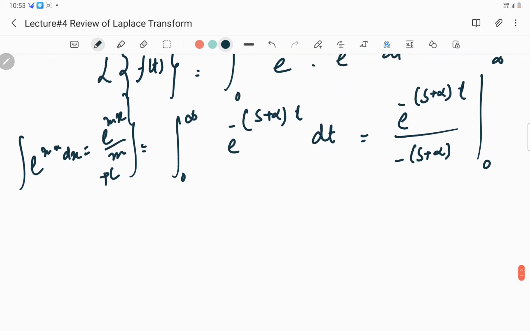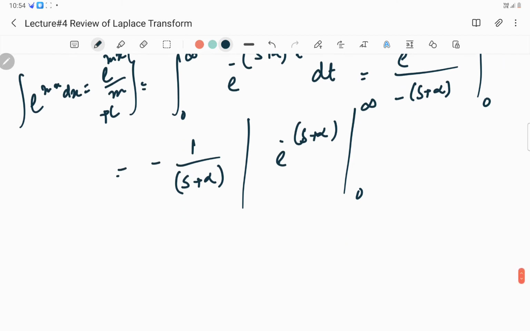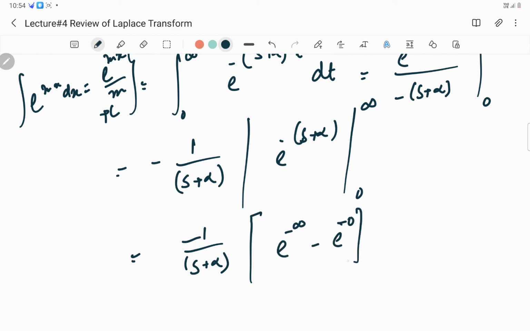So this can be written as minus 1 over s plus alpha, and then you have e to the power minus (s plus alpha) t with upper limit infinity and lower limit 0. So this would be minus 1 over s plus alpha times (e to the power minus infinity minus e to the power minus 0).